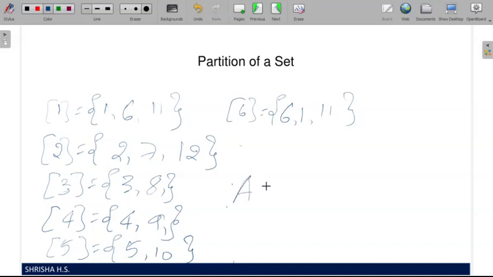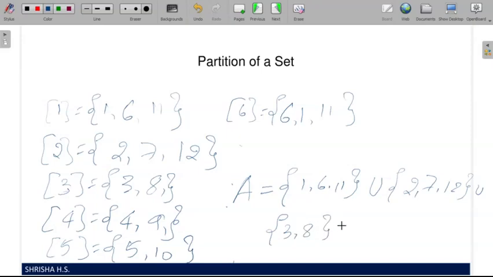This set A can be 1 comma 6 comma 11 union 2 comma 7 comma 12 union 3 comma 8 union 4 comma 9 union 5 comma 10. So you can also write like this.